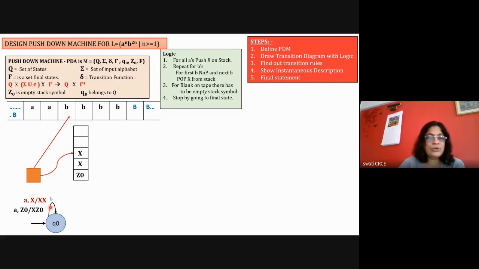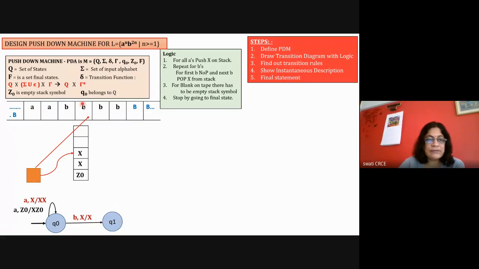Now in state Q0 it is going to get B comma X. So for B comma X it will do no operation. So X will remain X, and it will go ahead to the new state, that is Q1. So B comma X, X is going to remain X, no operation, and the machine will go to Q1.